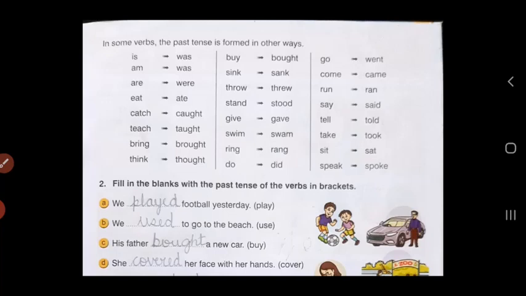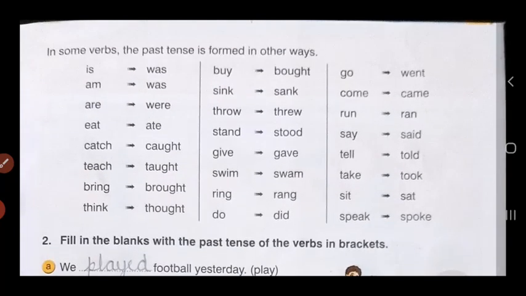So far we have seen past tense by adding ed and d. But there are some verbs where the past tense is formed in other ways. Let us see some of those verbs. Is, present tense.